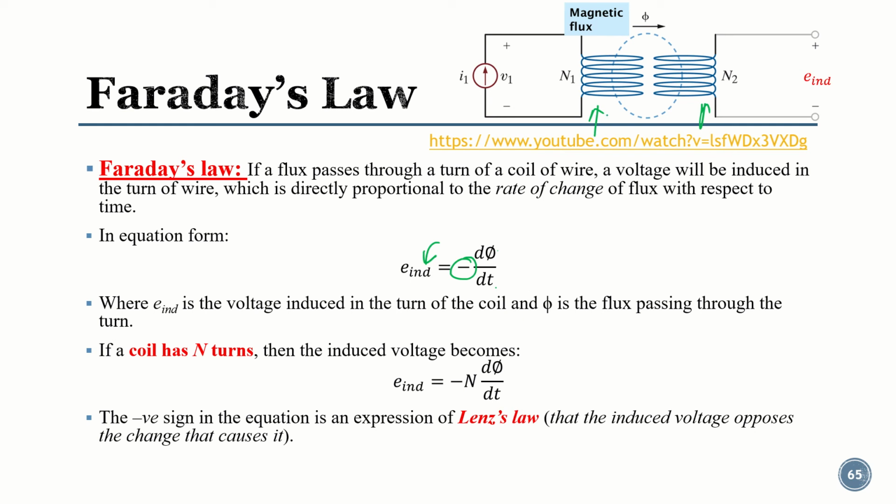Now if the coil has n number of turns, then the generated flux will be n times the individual, so this is the general equation for Faraday's law.